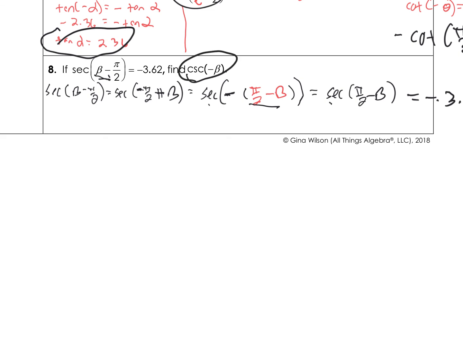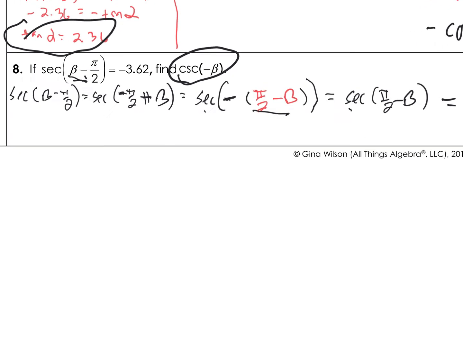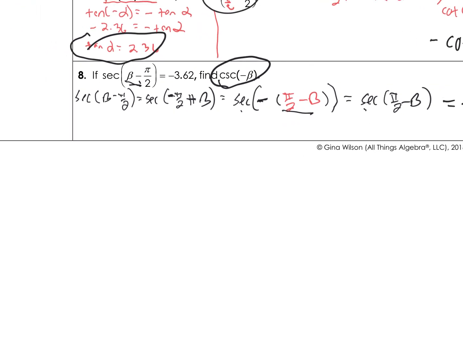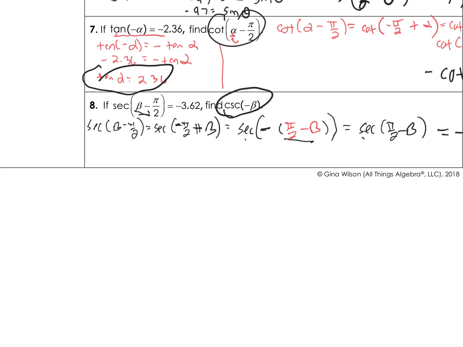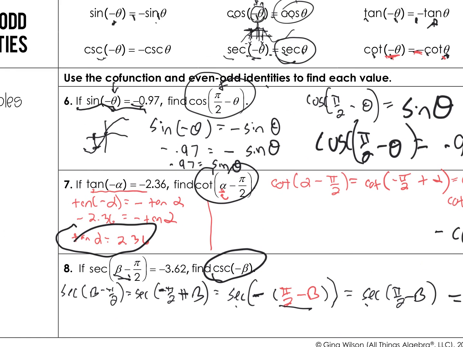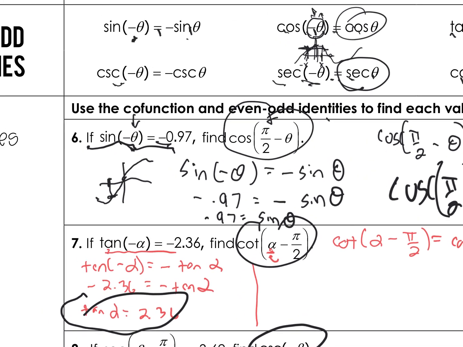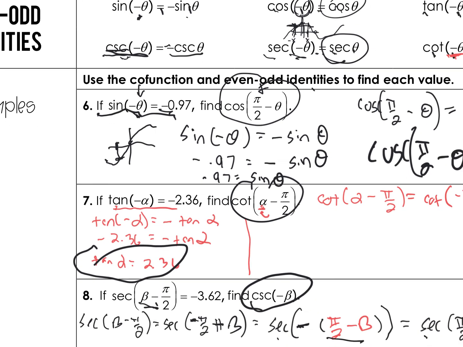cosecant of a negative theta. Is that what that is? Cosecant, okay. So what would be the identity that relates secant and cosecant? Let's go up and look. Cosecant of a negative angle. Cosecant of a negative angle has to be a negative of the cosecant of the angle because it's related to sine.